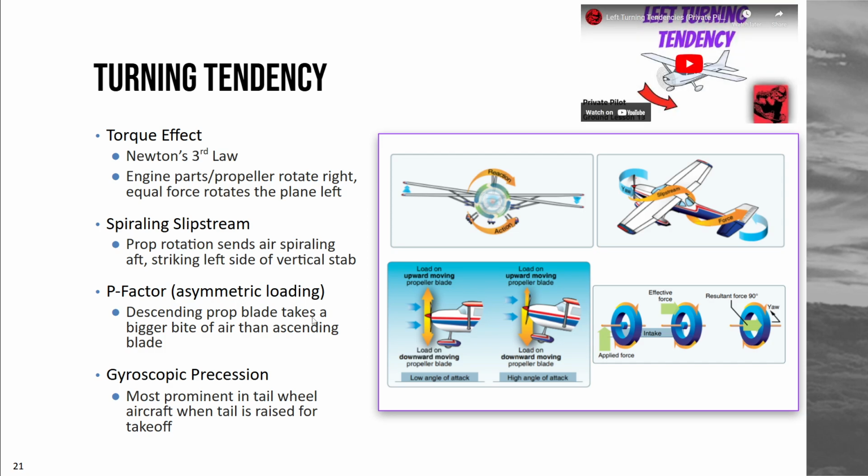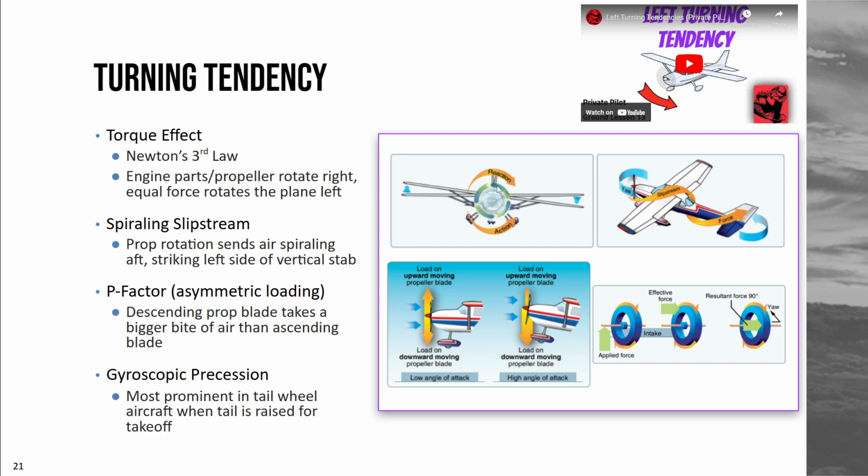All right, we've got some left turning tendencies when it comes to single engine propeller aircraft. So the first is torque effect. So Newton's third law, as we talked about earlier, there's an equal and opposite reaction to every action.